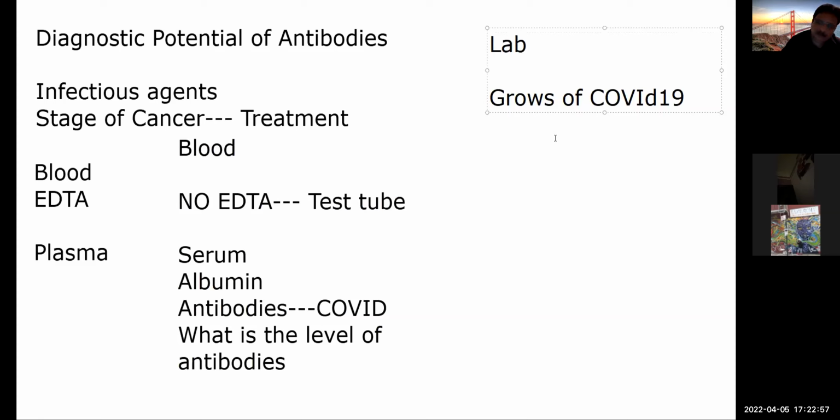Then one can take the COVID-19 in the tube, and then we can purify the spike protein. Because if I have antibodies to any part of COVID-19, it will not be helpful.